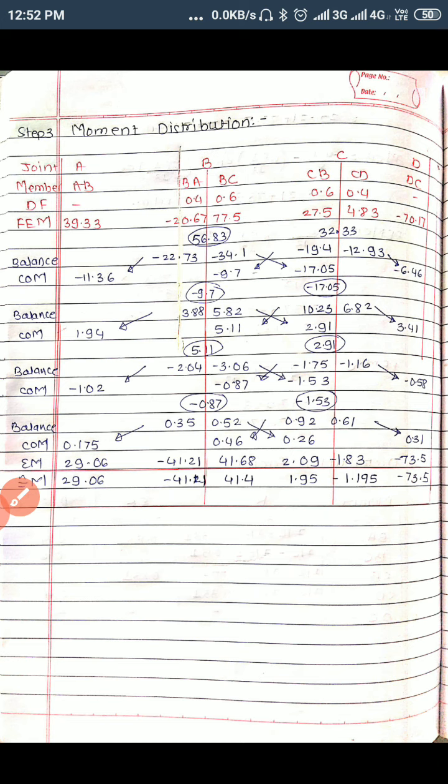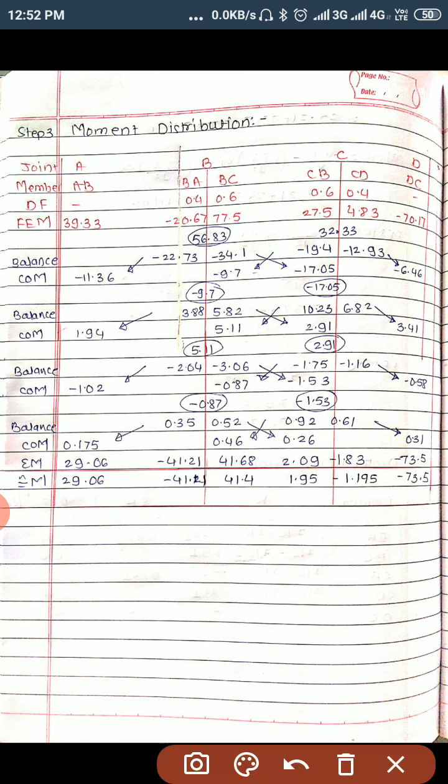Now what is the distribution? We cannot distribute half the moment, because according to the relative stiffness we have calculated the distribution factor. So we'll distribute 0.4 of the moment, from 56.83, to the BA part, and 0.6 to the BC part.